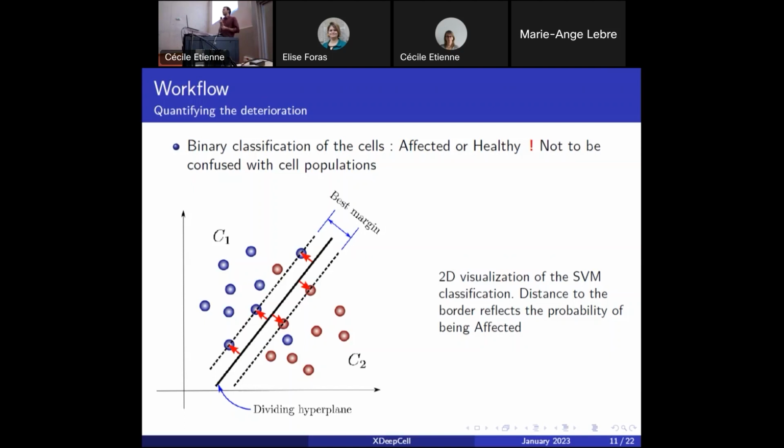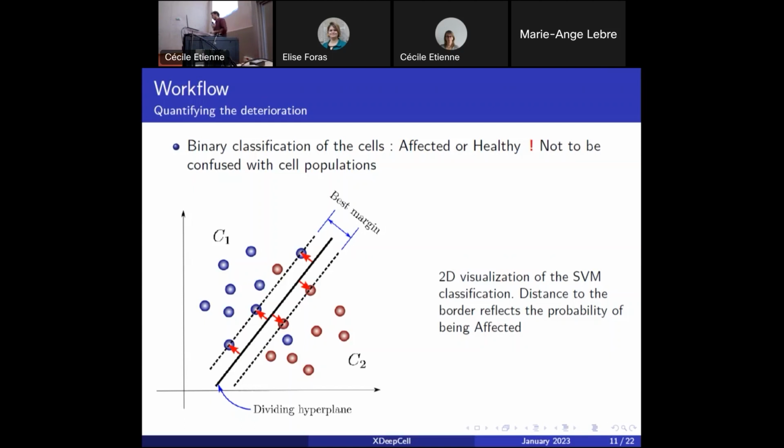So in order to perform this classification, we used a linear SVM, and it tries to classify the populations by dividing the two of them with a hyperplane. Here it is a 2D representation, so we just have this line, and it tries to maximize the distance between the closest samples and the line.